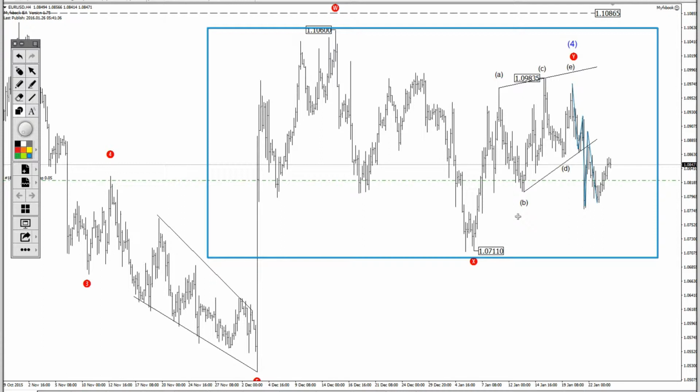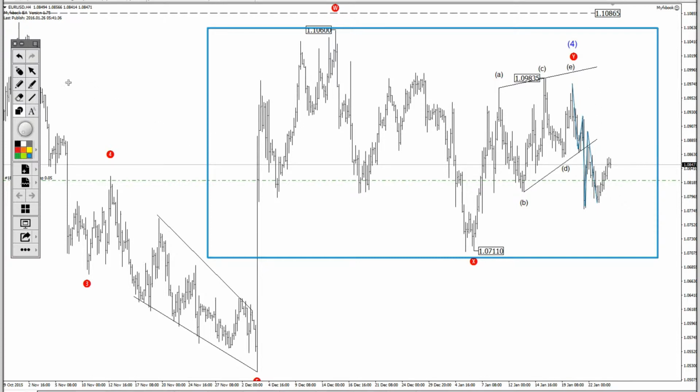They can be very odd shaped and still be a valid structure or valid count. So let's keep an open mind with this and look for that impulsive structure to the downside, which would be a strong signal that we are going to get the minus wave 5, the larger 5-wave structure to the downside.